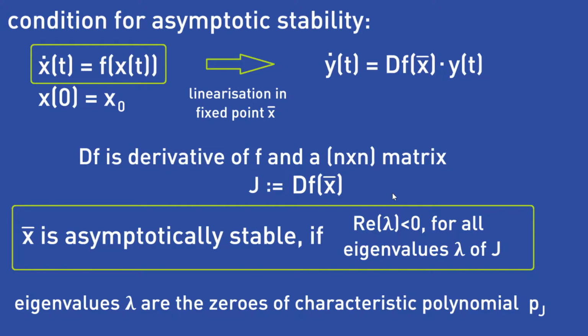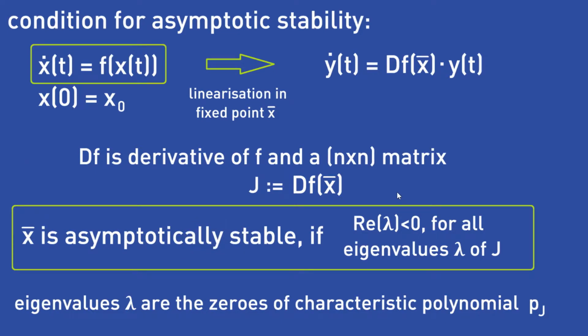Maybe you understand now why the Routh-Hurwitz criterion is helpful, because the eigenvalues are the zeros of the characteristic polynomial P_J. The Hurwitz criterion tells you when a fixed point x bar is asymptotically stable.